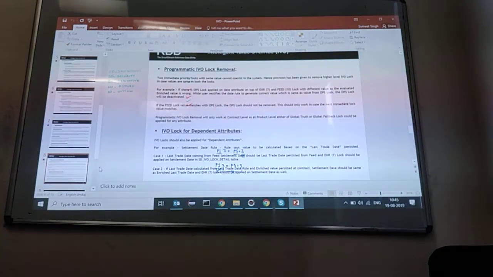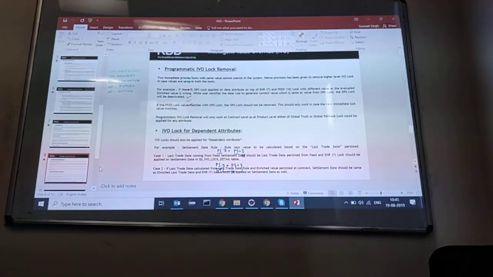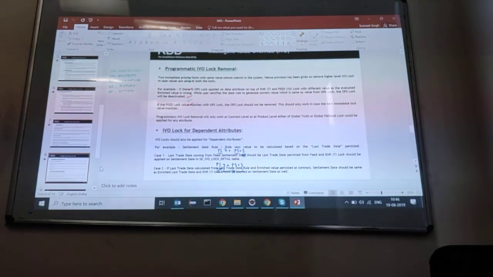If there is the same value for both, the higher priority log will get deactivated and the lower will remain in the system. So when the system applies the enrichment log, the ops log gets deactivated, and the enrichment log will remain there.